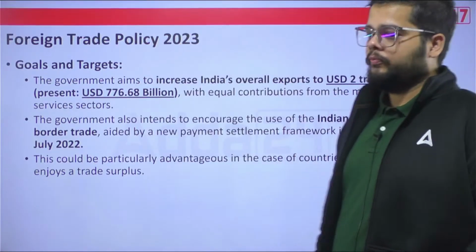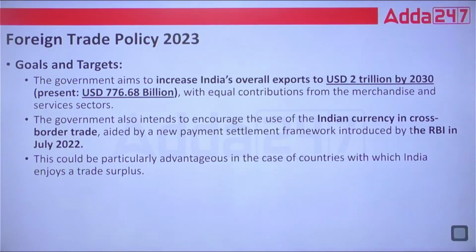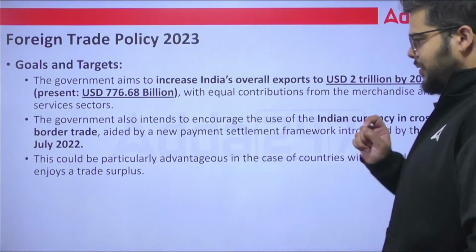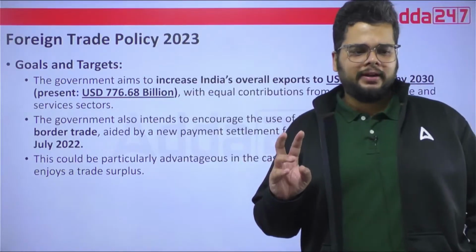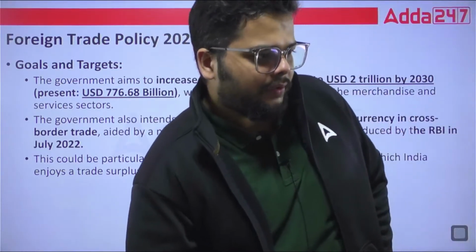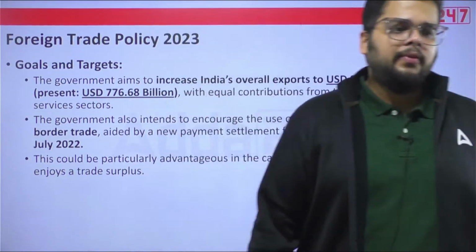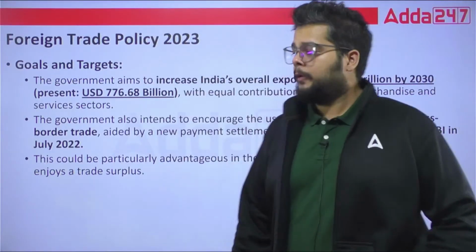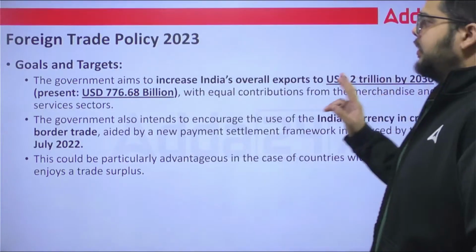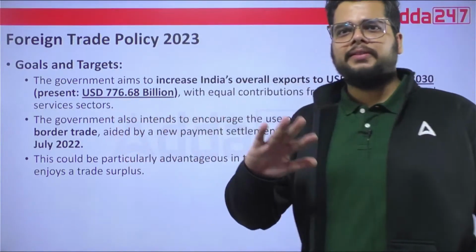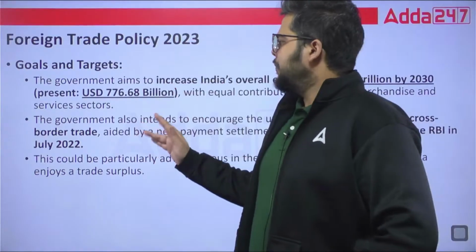Fine, so it's a long shot, but when we talk about the time which is remaining with us, more or less we have 4 years. Effectively we have only 4 years with us, and within that only we have to achieve this target. So the target, always remember, is $2 trillion by 2030. Right now we are somewhere around 775 and 800 billion.